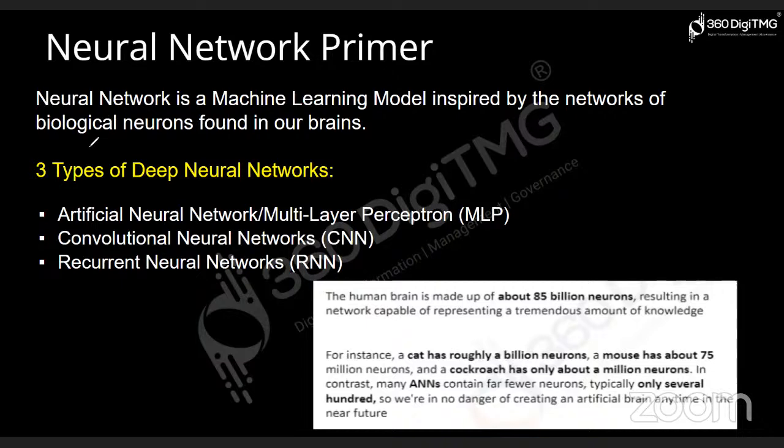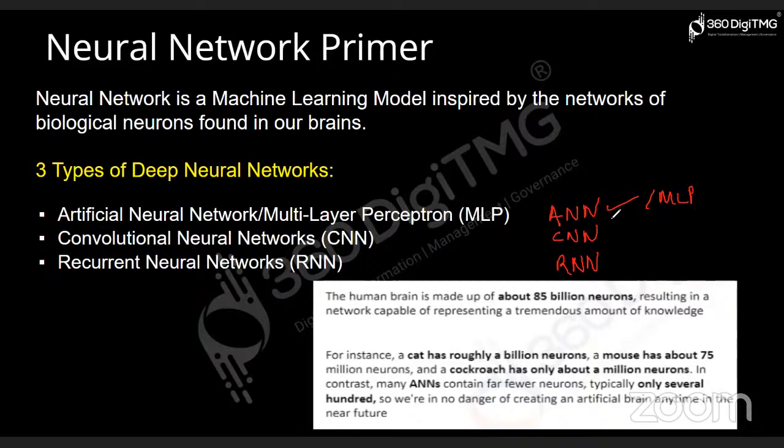Now, neural networks are of three types: ANN, CNN, and RNN. ANN, or artificial neural network, is also a multi-layer perceptron.